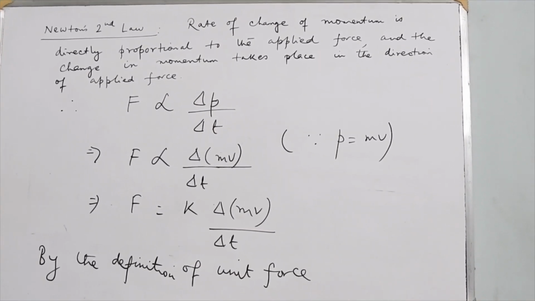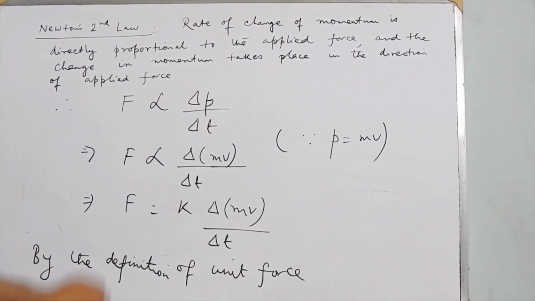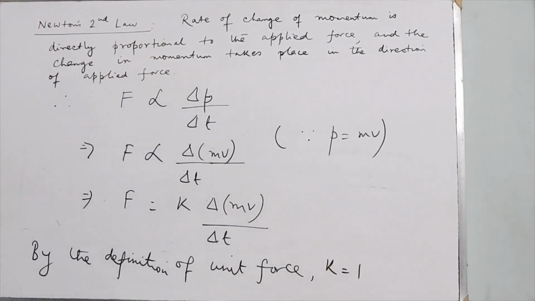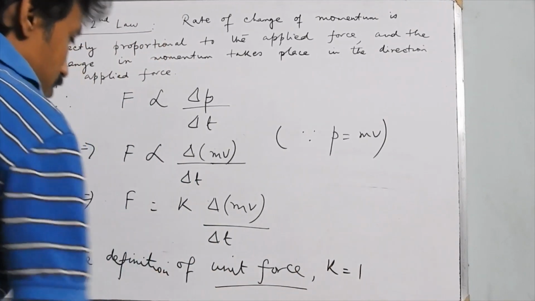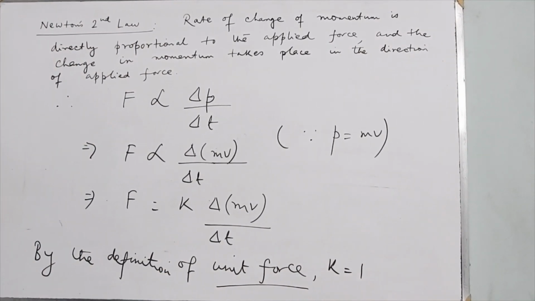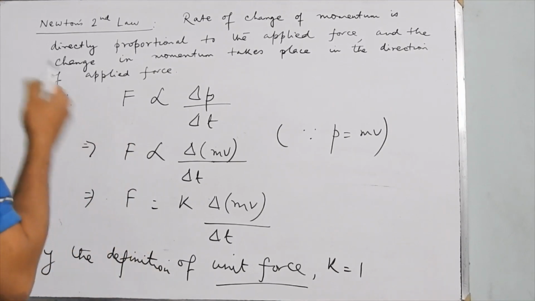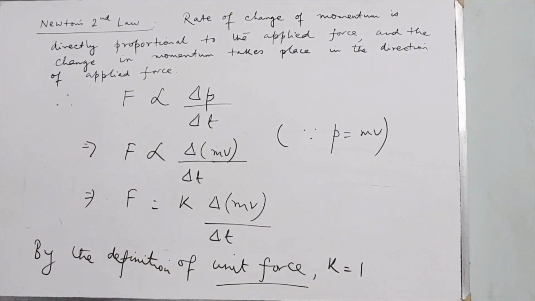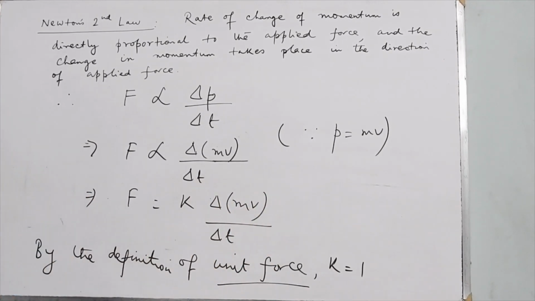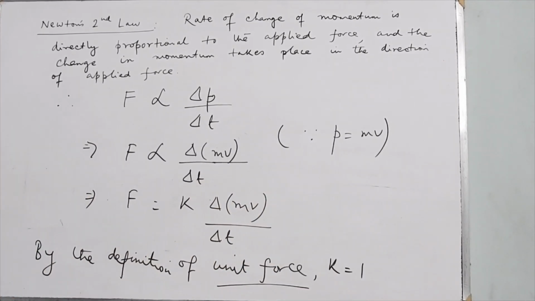We get the value of K as 1. So by the definition of unit force, this K is taken to be 1. Unit force means a force of 1 Newton acting on a body of mass 1 kg and capable of producing an acceleration of 1 meter per second square.